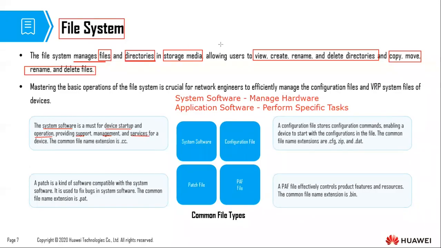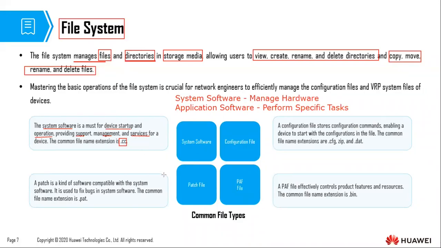Normally, the extension of a system software file ends with .cc. We're going to look at that in a short while.